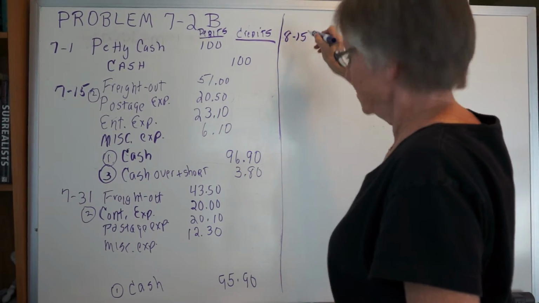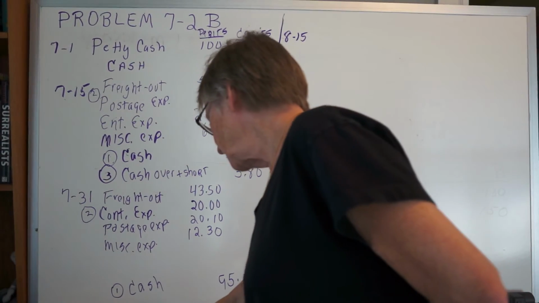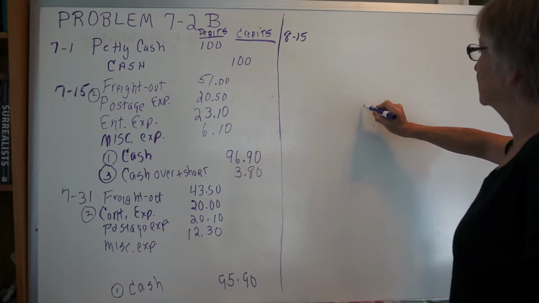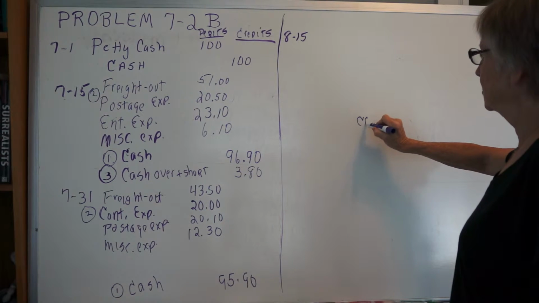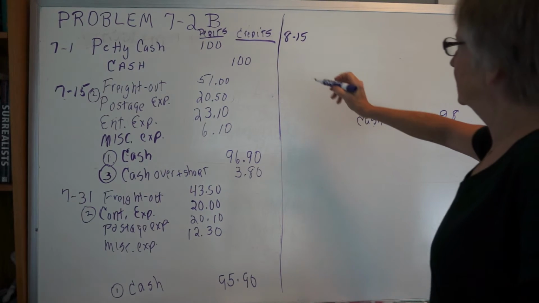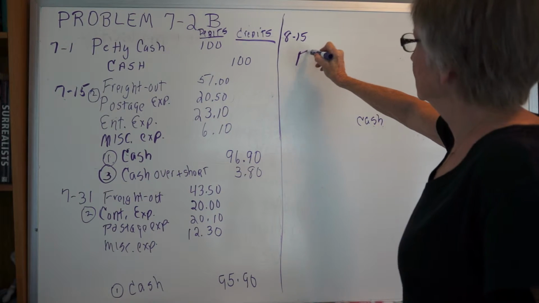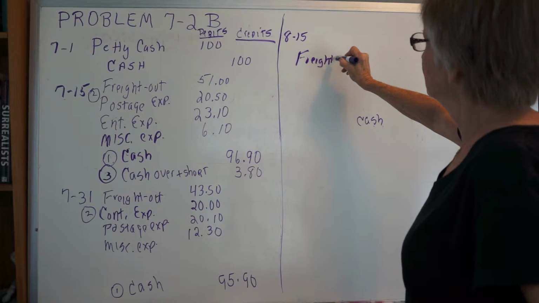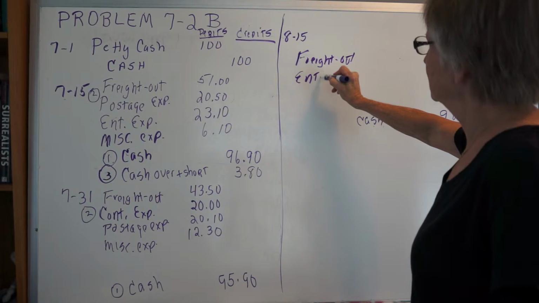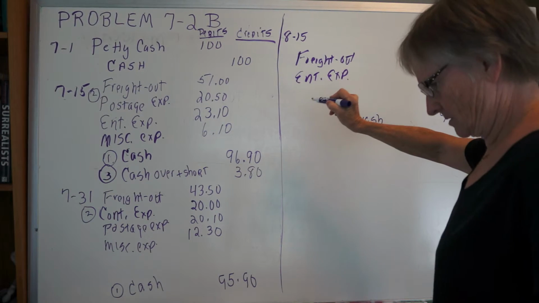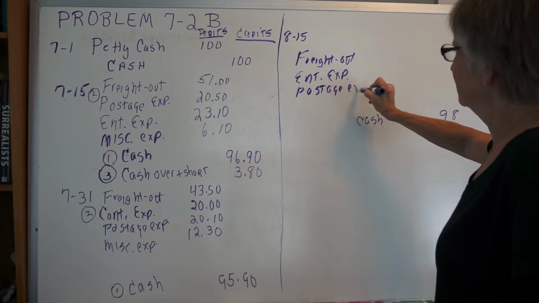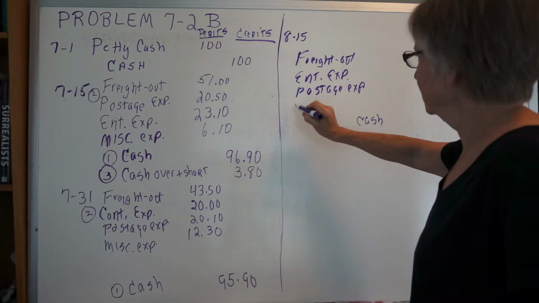We're going to replenish the petty cash. On the 15th, they again tell us how much the check we wrote was for. So the check was for $98. Okay. And then we total up our receipts, and in this case we have more freight out, more entertainment expense, and we also have some postage and miscellaneous.